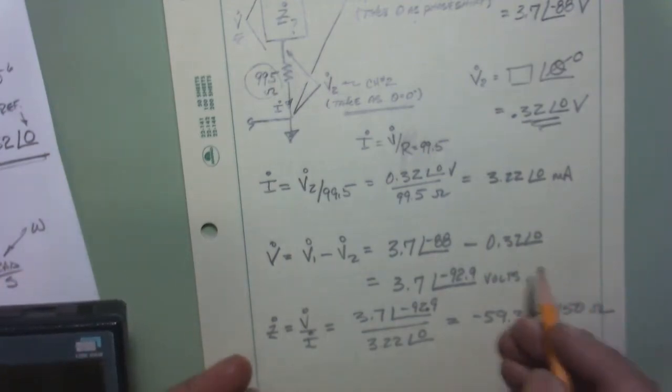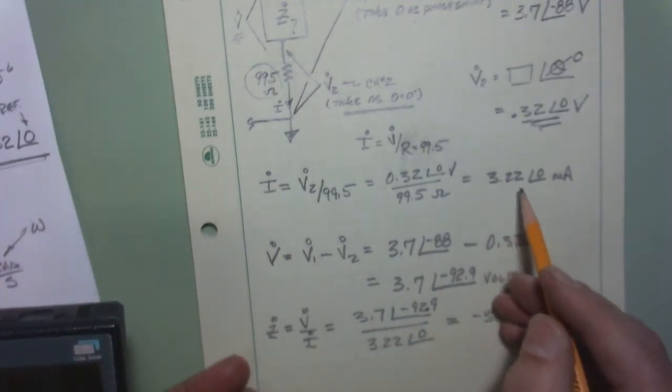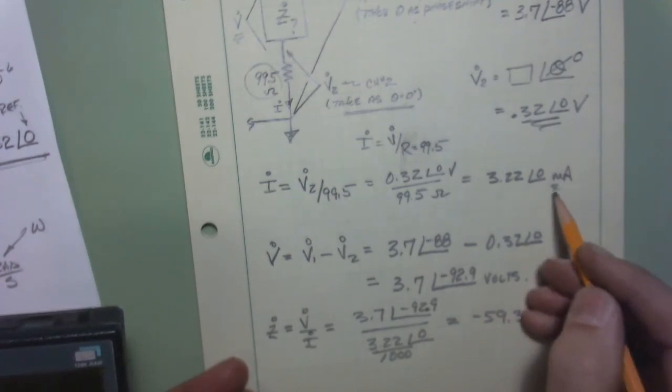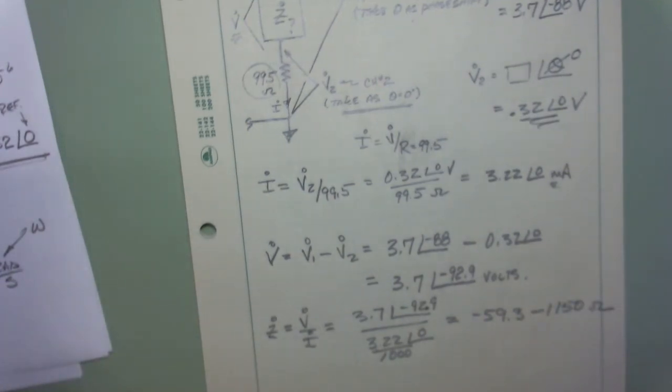I should probably be a little more careful here. This was milliamps, so I'd have to divide this by 1,000, because of the milliamps there. Then I think we're in good shape. Minus 59.2 minus j1148.36. Yeah, we're close enough to 1150. We'll just leave it at that 1150. That's a nice round off.